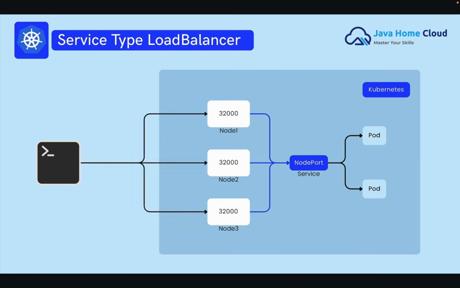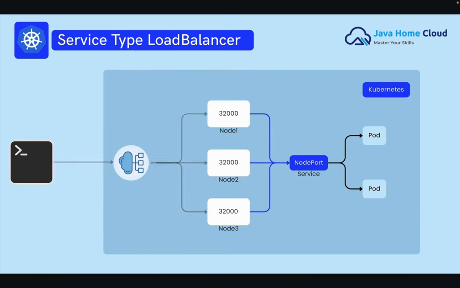But in case of load balancer, what happens? Kubernetes will provision a cloud native load balancer which will take care of load balancing all the nodes inside the cluster. Here, the cluster should be set up on a supported cloud environment, only then can Kubernetes create the underlying cloud native load balancer.